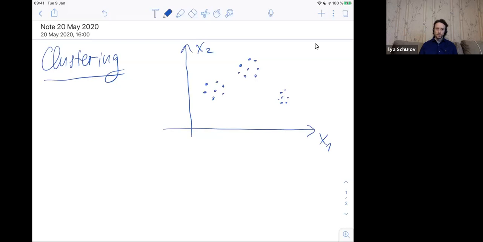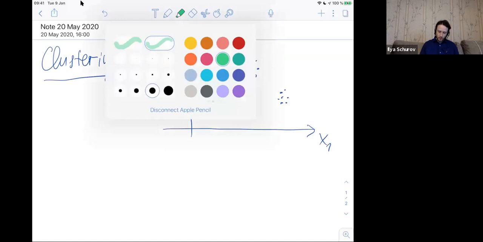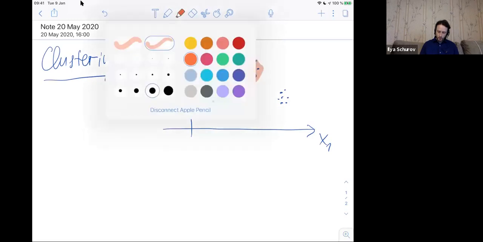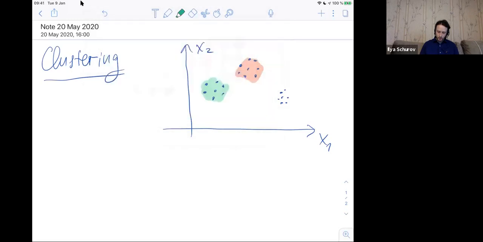And just by looking at this picture, you can see that there are three groups, and you can distinguish between them. You can say that this is one group, and this is another group, and this is the third group. And so we can do it just by visual inspection of this picture.